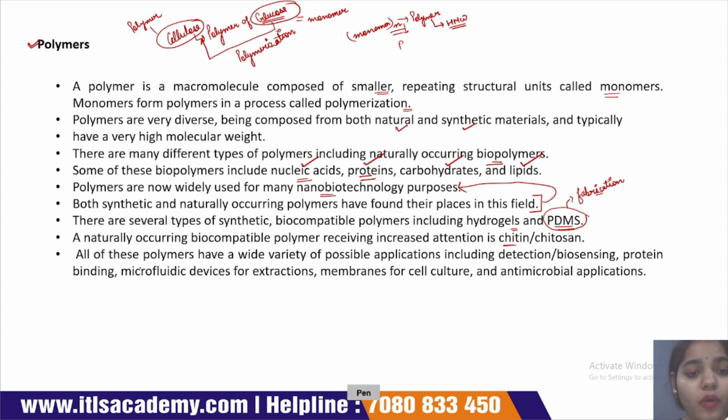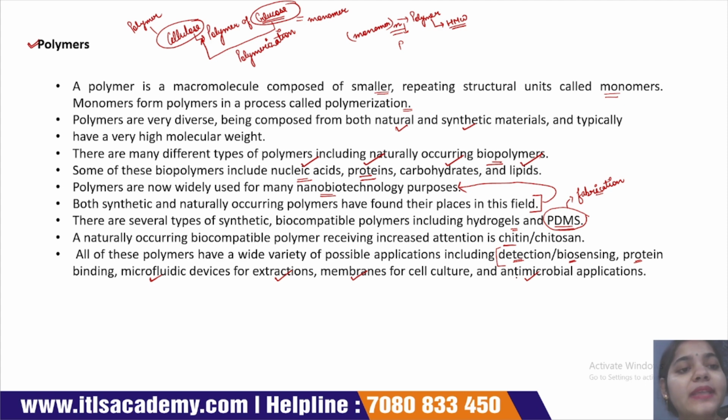Okay. All of these polymers have a wide variety of possible applications, including detection, biosensing, protein binding, microfluidic devices for extraction, membranes for cell culture, and antimicrobial applications. Okay, these are the applications of polymers.